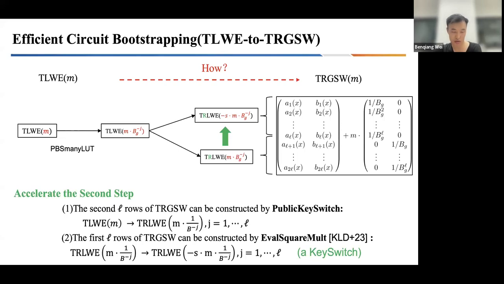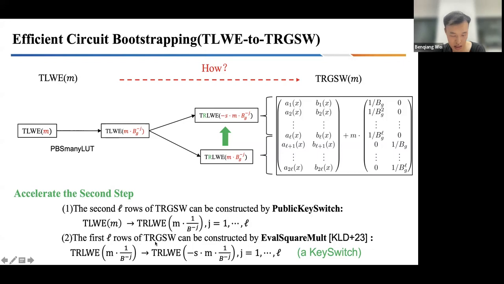We observe that circuit bootstrapping can be further optimized, because in the second step, the first L rows of TRGSW ciphertext can be constructed from the second L rows of TRLWE.